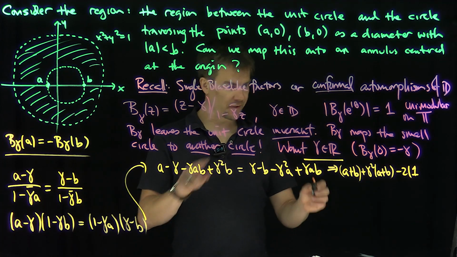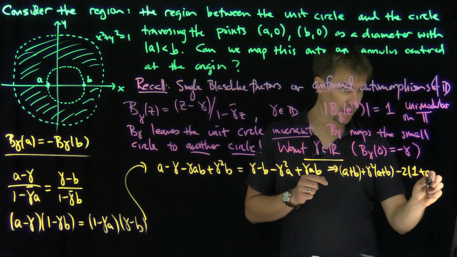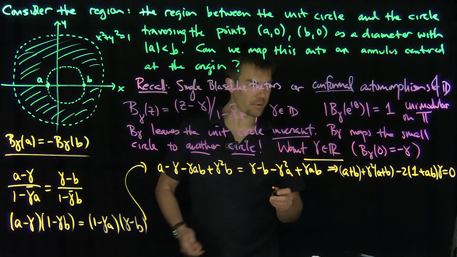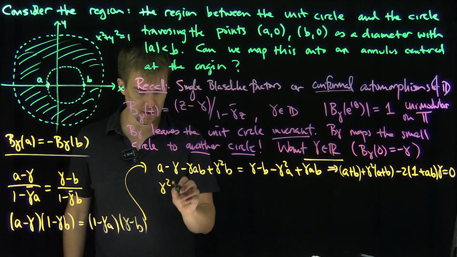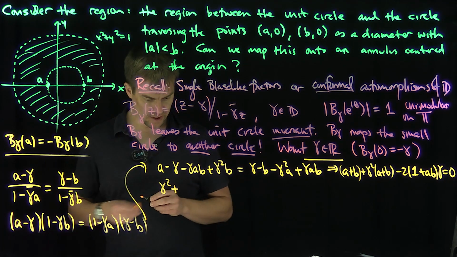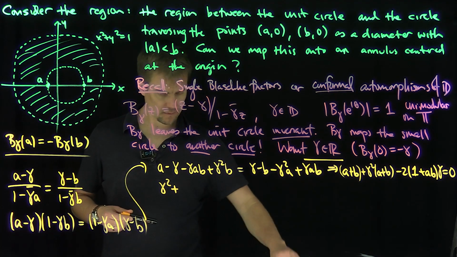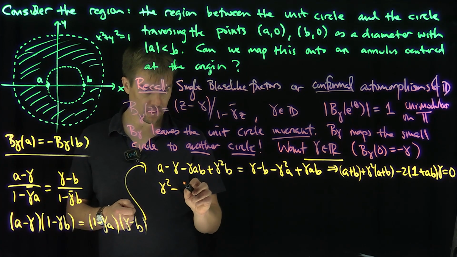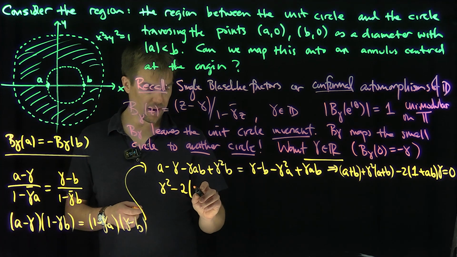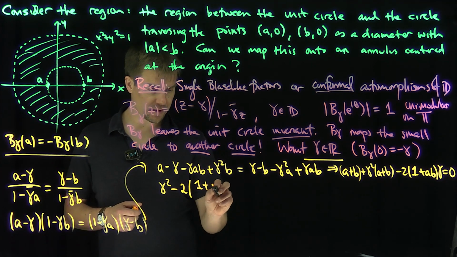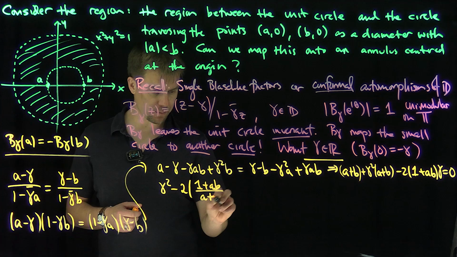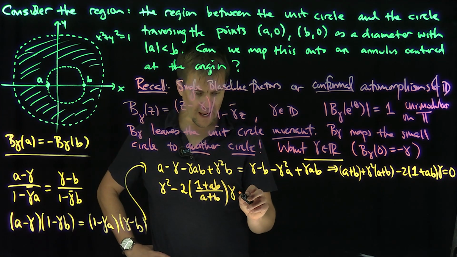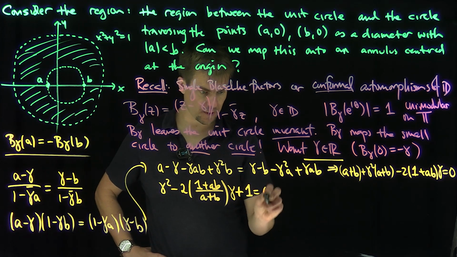And then if I pull out a negative (A + B), so I'll have plus (A + B) γ equals 0, right? Dividing by A + B, I get the equation γ² minus 2(1 + AB over A + B)γ plus 1 equals 0, right?